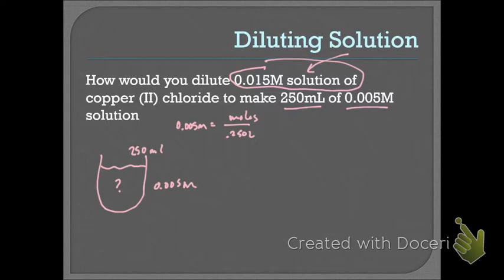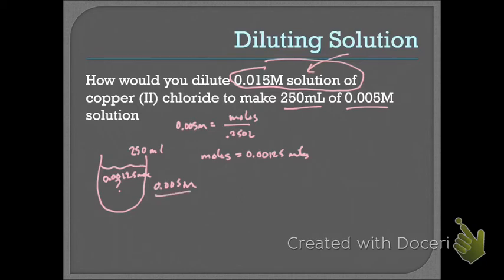The number of moles is going to equal 0.00125 moles. So I need to get 0.00125 moles in order to get this concentration in 250 milliliters.